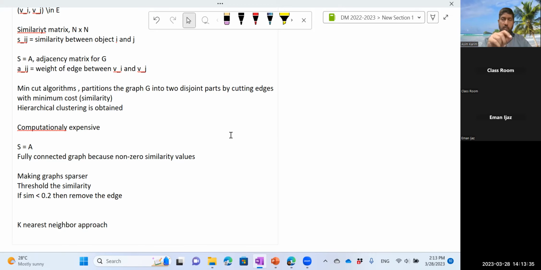If you think of the matrix, for a row, let's say if k is equal to 3, for each row you will only have 3 non-zero values. The rest you will force to be 0.